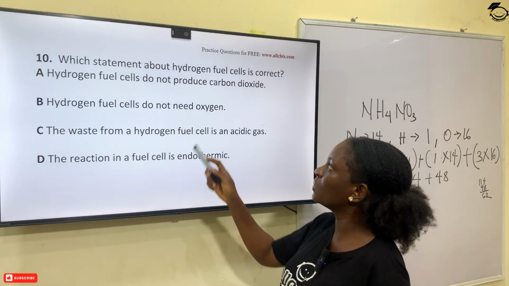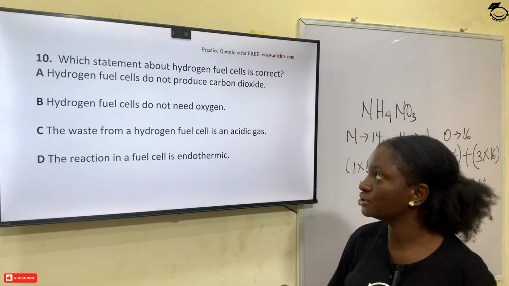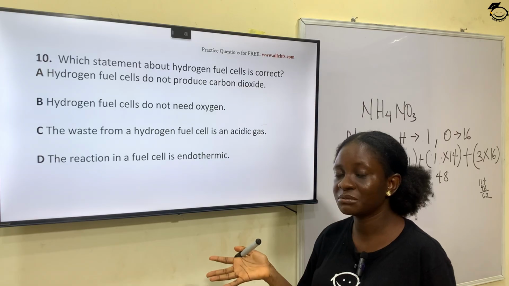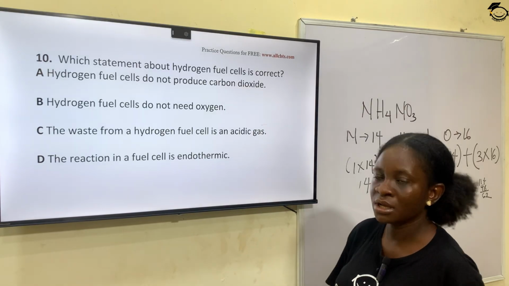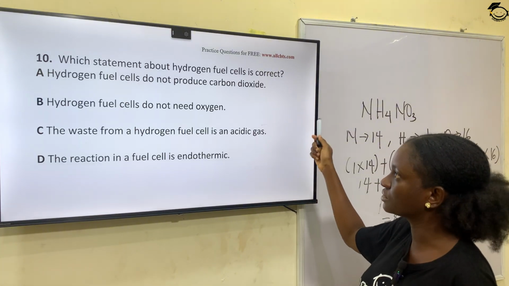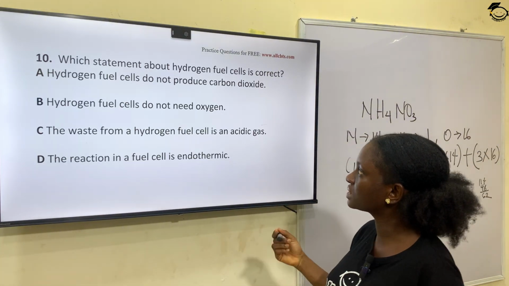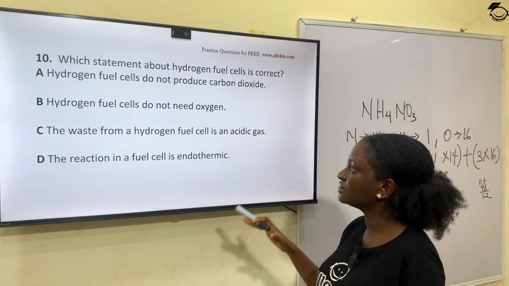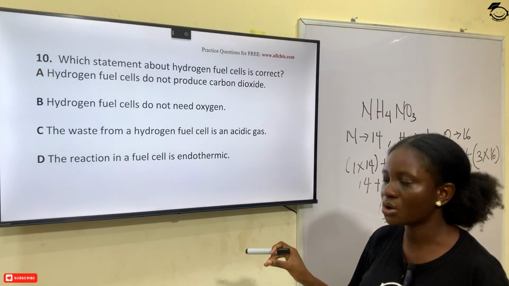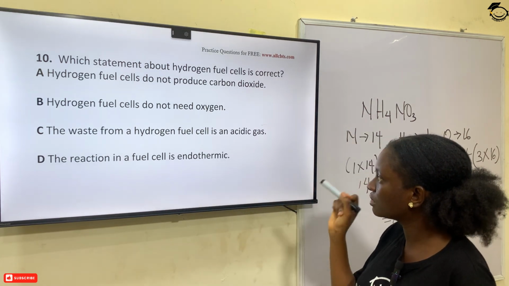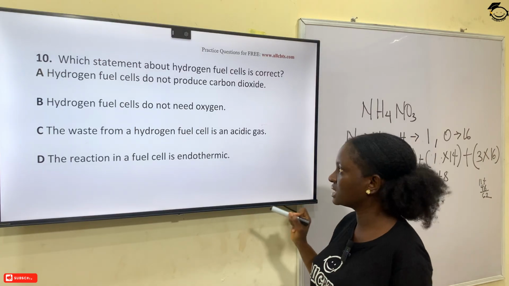Question 10. Which statement about hydrogen fuel cells is correct? Hydrogen fuel cells are, for example, like your battery. A. Hydrogen fuel cells do not produce carbon dioxide. B. Hydrogen fuel cells do not need oxygen. C. The waste from a hydrogen fuel cell is an acidic gas.